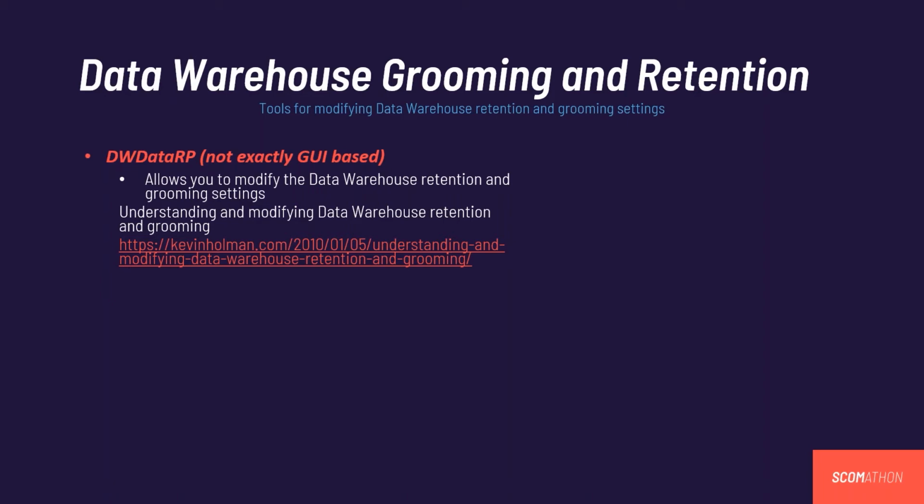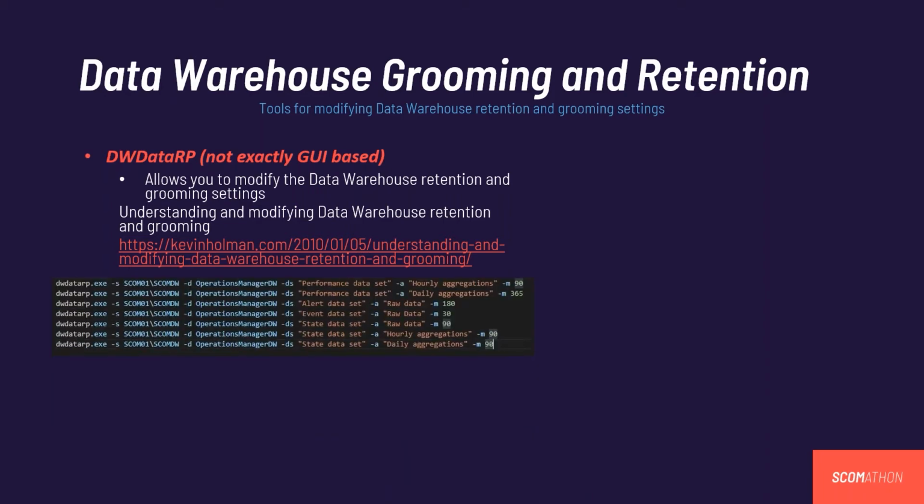Of course, this is not bad, but if your organization only needs to keep the data for 1 year, then you can reduce the retention period, and this will save a lot of space for you. This is how it looks when you're using the data warehouse DataRP tool.